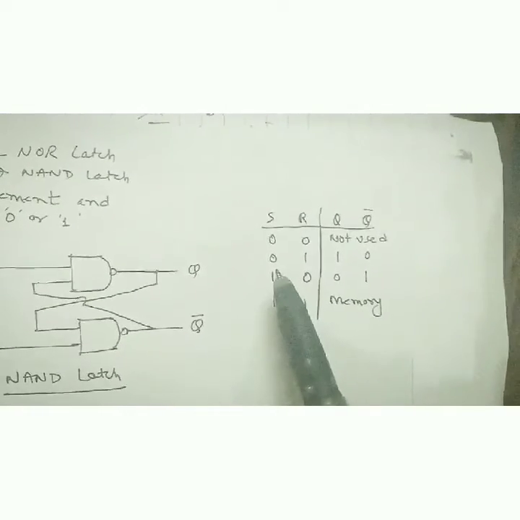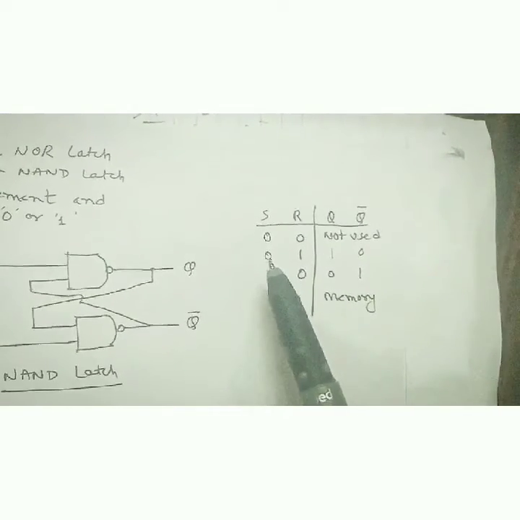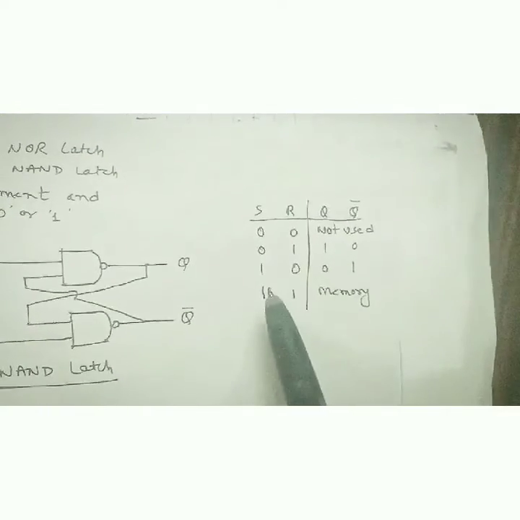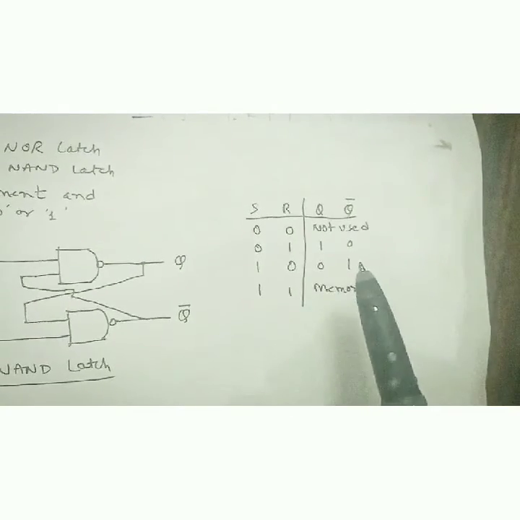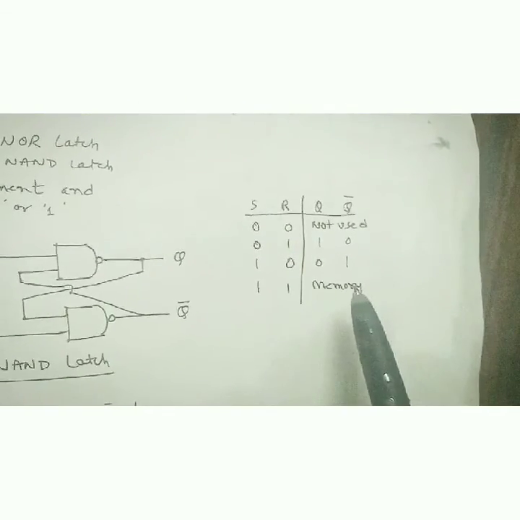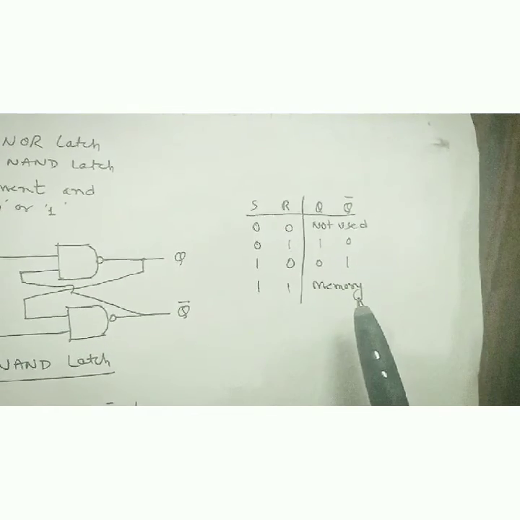And here we are having, when S is 0, Q is 1, Q bar is 0, and when S is 1, R is 0, Q is 0, Q bar is 1. And when both inputs in the NAND latch are 1 1, that is known as memory state or no change state. So this is all about the latch, and mainly the NOR latch and NAND latch.